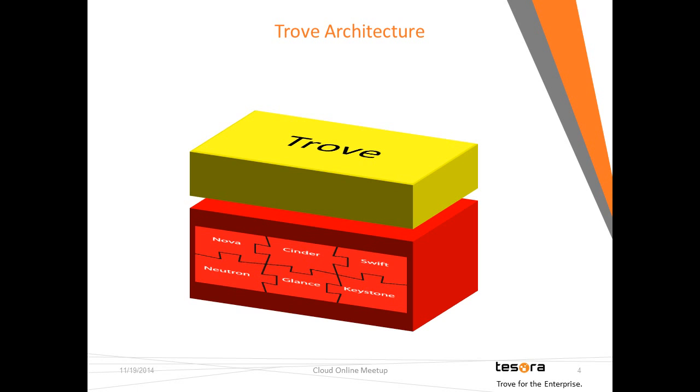Also, a very important thing to remember is Trove, like every other client of these services, uses only the standard, documented, well-known interfaces. Trove does not go behind the scenes and interact with any of these services. Identity management is strictly controlled through Keystone, and all access to your virtual machines is through Nova's interface.